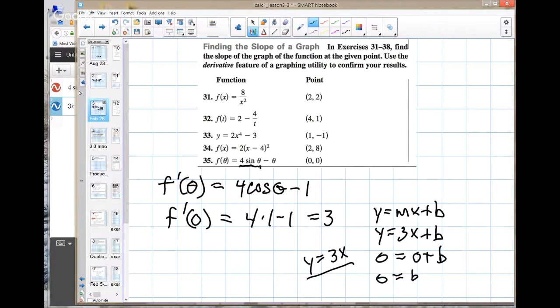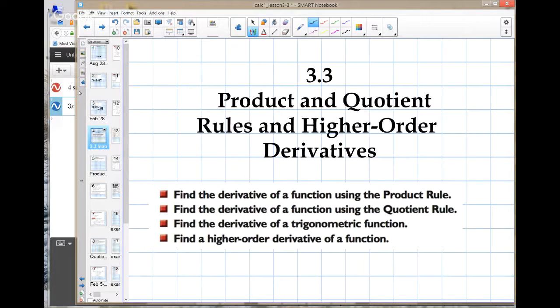So here's the lesson in the book, 3.3. So far, the rules have been really easy, haven't they, guys? I mean, the power rule is really easy. The constant multiple rule is really easy. Everything seems to be working just like you'd hope it would. And it's extremely easy to do, even in your head.